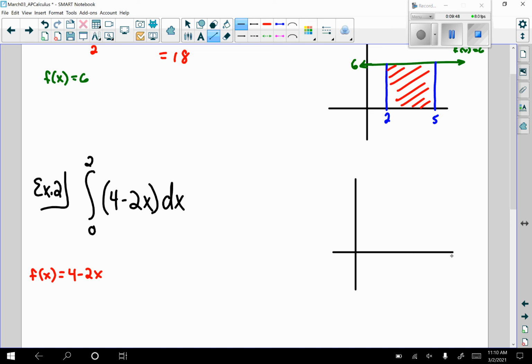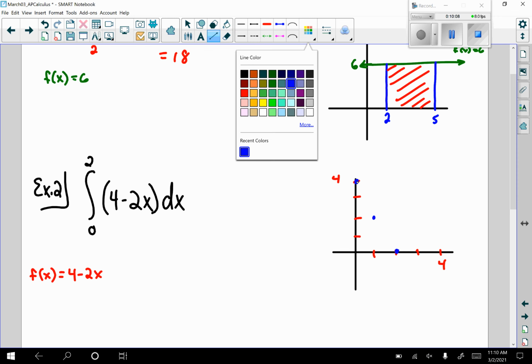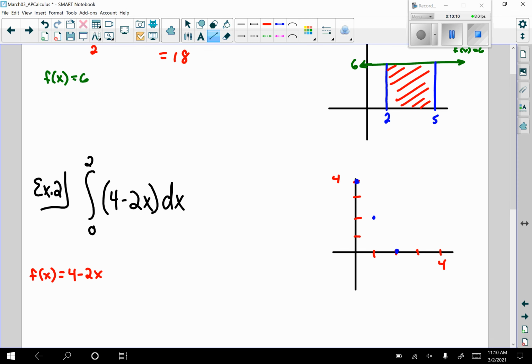It doesn't have to be precise. So we have our line here for y equals 4 minus 2x.